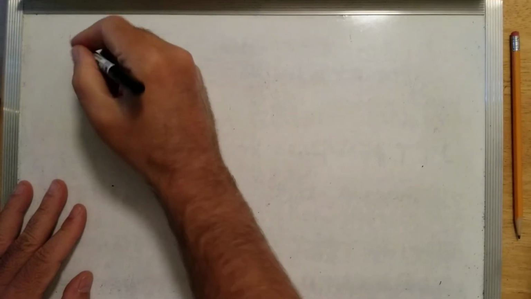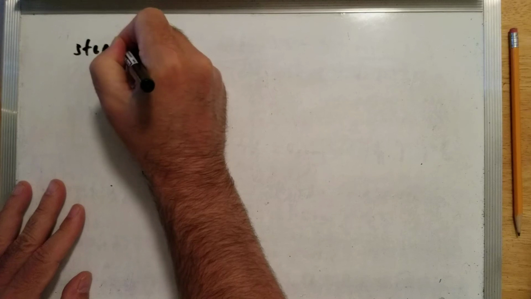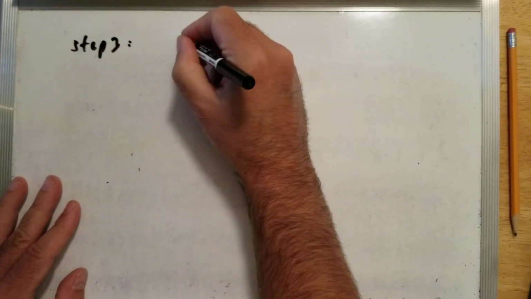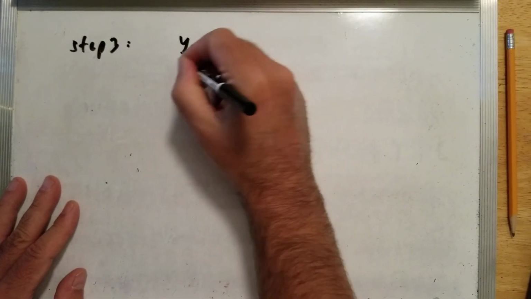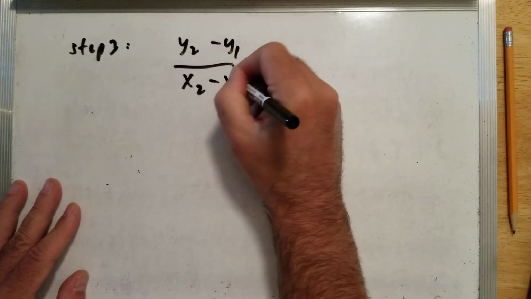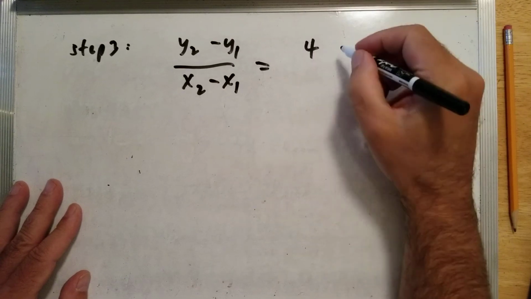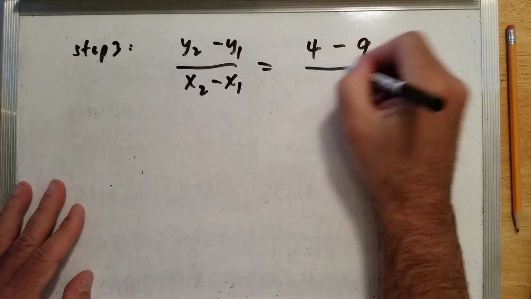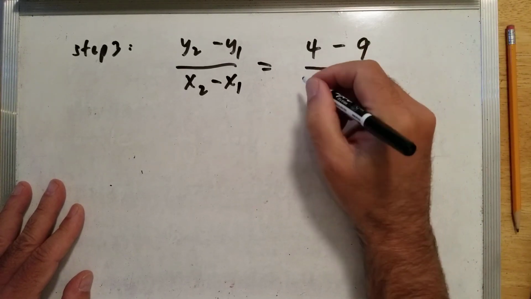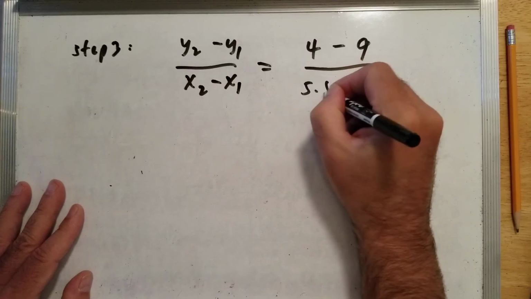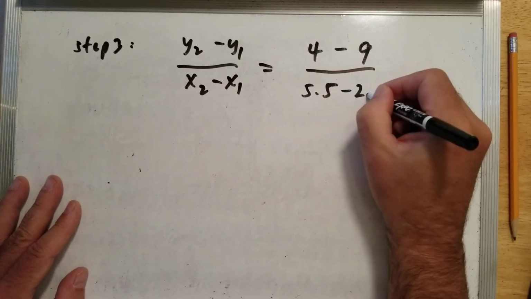So here's step 3, I'm plugging in. Here's the formula, y2 minus y1 over x2 minus x1. y2 is 4, y1 is 9, so it's 4 minus 9. And on the bottom, x2 is 5.5, and I'm subtracting off 2.1.